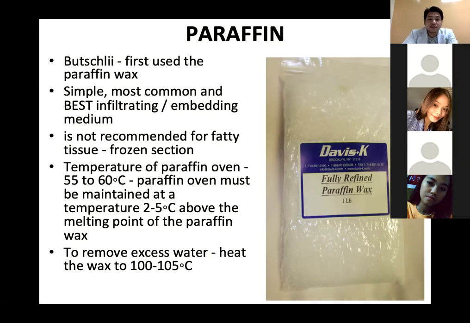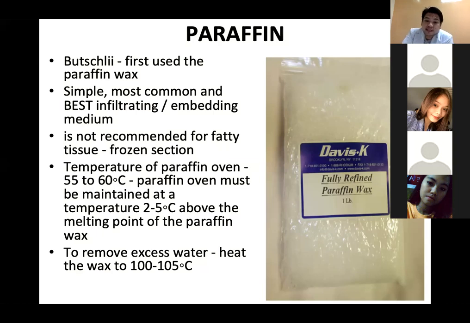The temperature of the paraffin oven is usually 55 to 60 degrees Celsius. The paraffin oven must be maintained at a temperature 2 to 5 degrees Celsius above the melting point of the paraffin. Usually the paraffin has a melting point of 50 to 60 degrees, so we maintain the temperature of the oven 2 to 5 degrees Celsius above that.